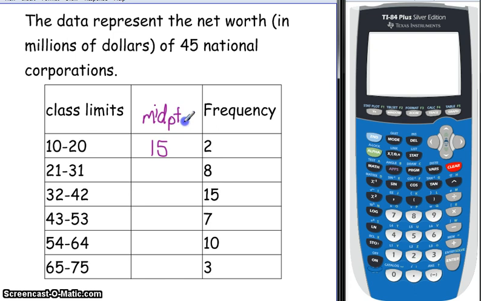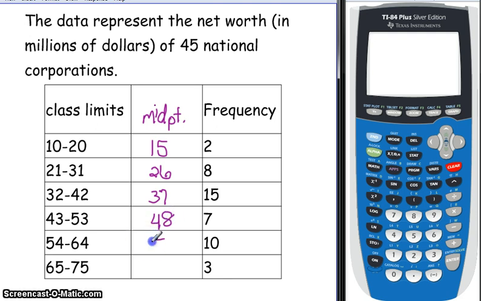Midpoints. Okay. So the midpoint for the next interval from 21 to 31, we add 21 plus 31 and divide by 2, and that's going to give us 26. And the same thing with the rest of the intervals. So the midpoint of this interval would be 37. The midpoint of the next interval would be 48.